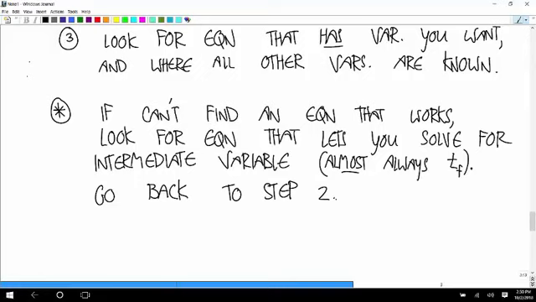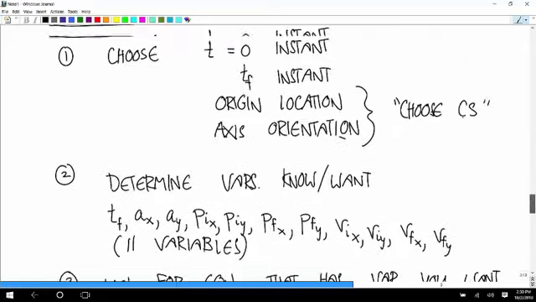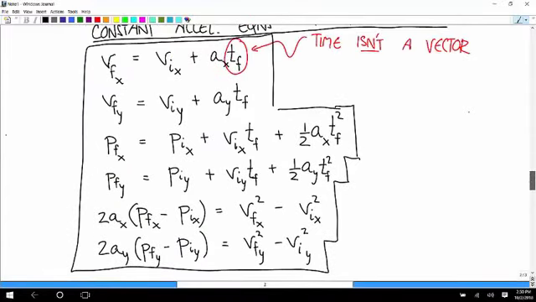Okay, so why is it that time final is going to be so useful in two-dimensional kinematics as an intermediate variable? The reason is that there's an x and y equation for every one of these equations that we had in one dimension, and there's no crossover between variables from the x's to the y's, except for time final.